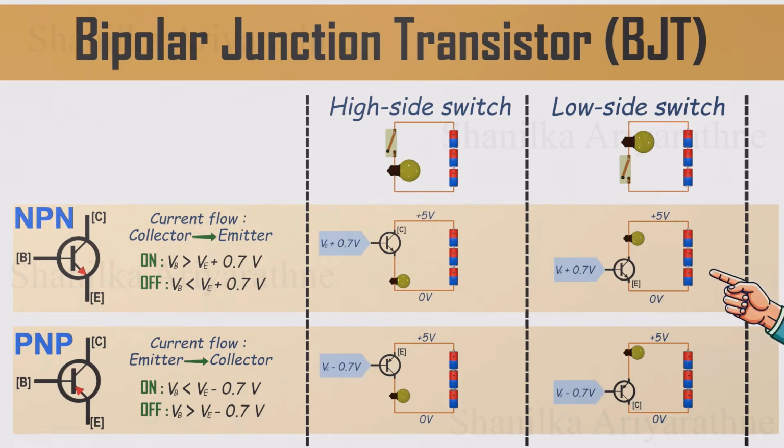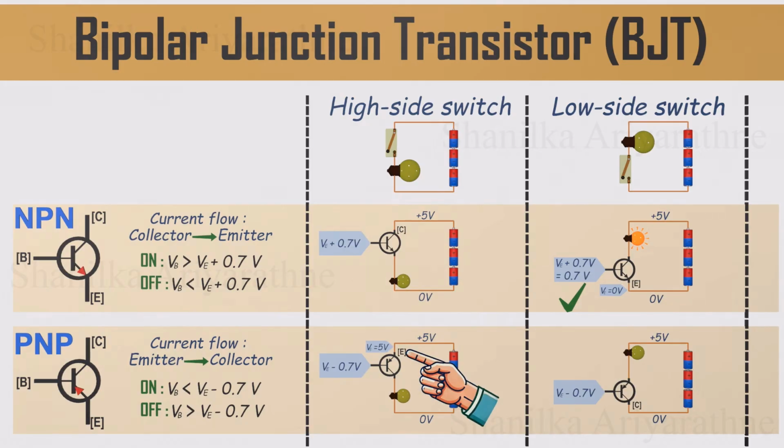Now, when you're using an NPN transistor for low-side switching, with the emitter connected to ground, it's simple. Just apply 0.7 volts or more to the base, and it switches on. Easy. Same with a PNP used for high-side switching. If the emitter is at plus 5 volts, you just pull the base down to 4.3 volts or lower. Boom, transistor on.